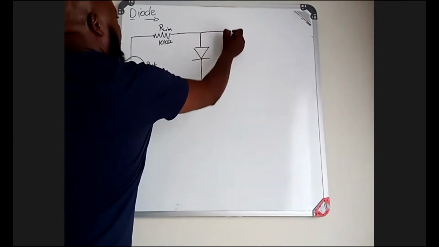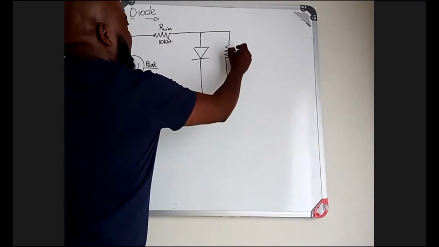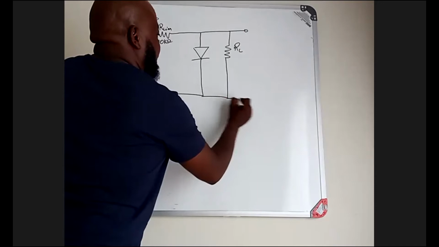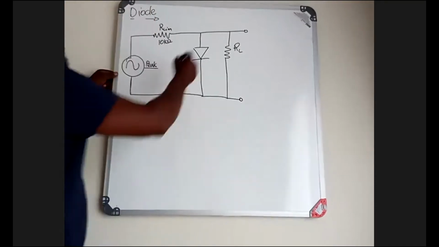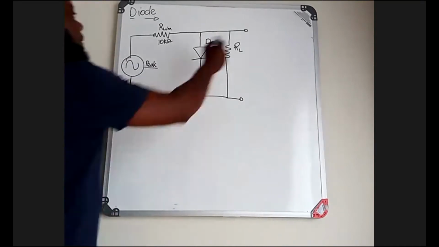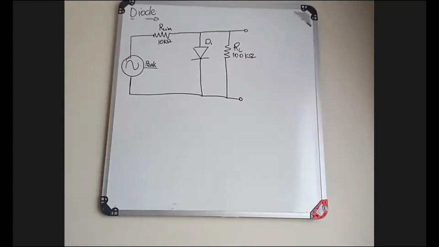Then opposite to this, I connect a resistor there, which I say is your RL, where I do my measurement of the output. Then I say this is my D1 referencing. Then I say this is, for example, a 100 kilo ohm resistor.